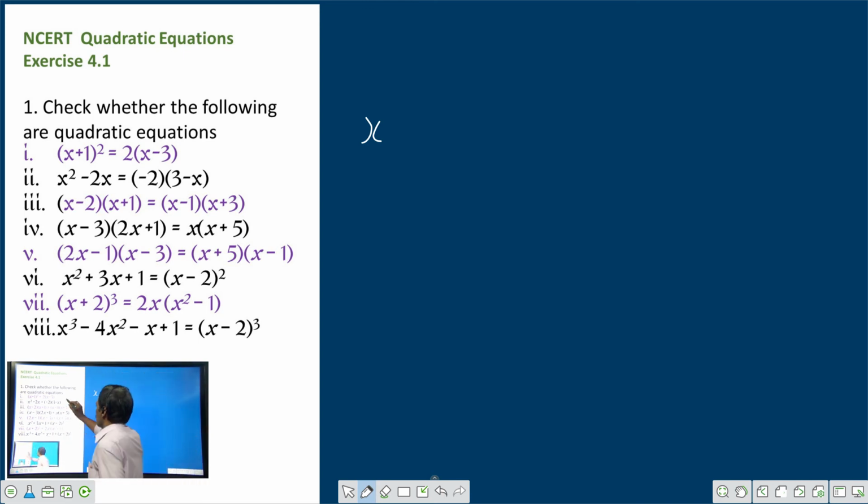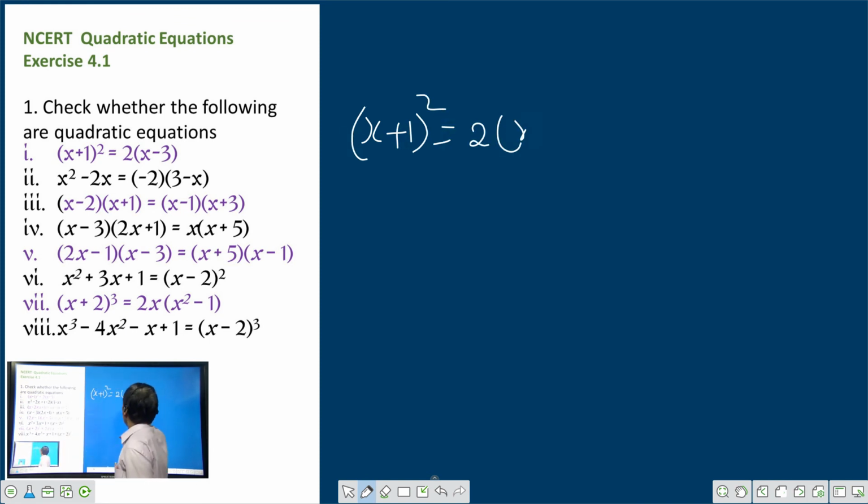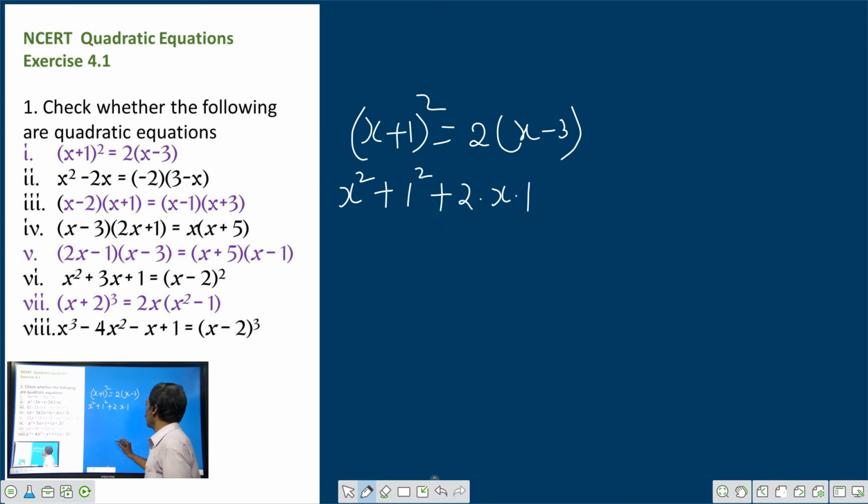See something. x plus 1 whole square is equal to 2 into x minus 3. a plus b whole square: we are aware of a square, here a is x, plus b square, b is 1, so 1 square, plus 2ab, that is 2 into x into 1, 2x. On the right, 2 into x is 2x, and minus 2 into 3 is 6.